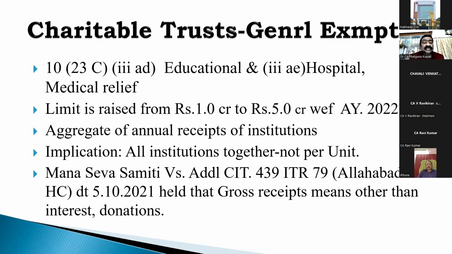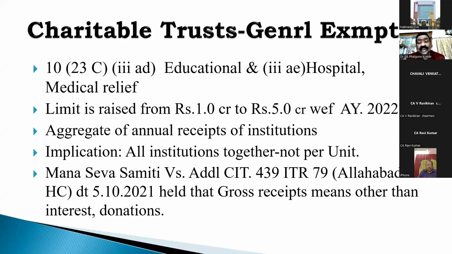Now the other amendments. Earlier, up to assessment year 21-22, without any registration or approval, if it is solely an educational institution having gross receipts up to 1 crore, its income is automatically exempt. You can file the ITR and claim exemption without any approval, if you satisfy the sub-section.